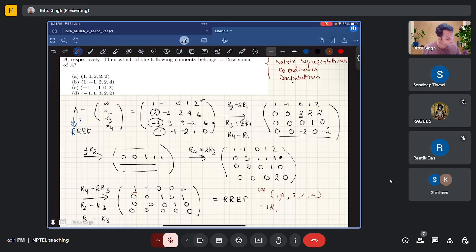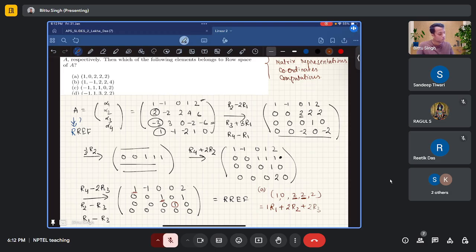Similarly, only the second row contains 1 at the third place. Therefore, to make this third place 2, we need 2 times R2. This is also for the third row. It contains 1 at the fourth place, right? So this fourth place is also 2, so 2 times R3.